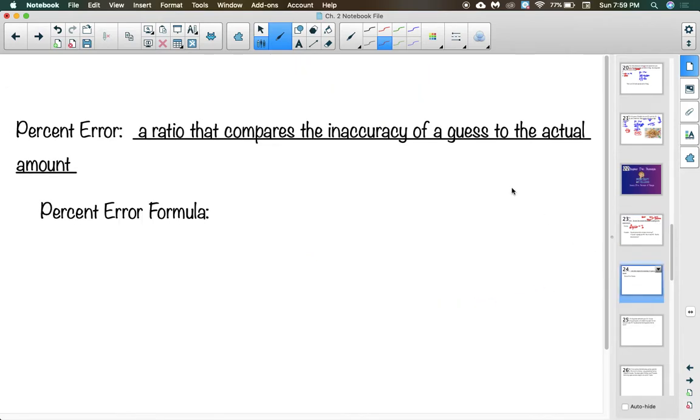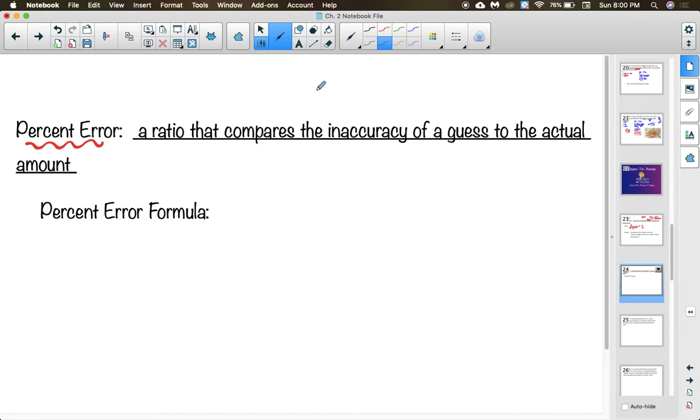Okay. There's another piece to this lesson as well. It's called percent error. And percent error, the definition is a ratio that compares the inaccuracy of a guess to the actual amount. Okay, and again, this is one of those definitions that doesn't necessarily make a ton of sense until we talk about an example.